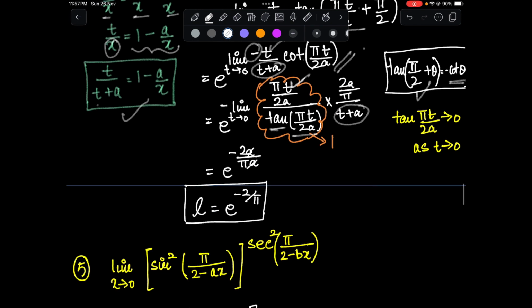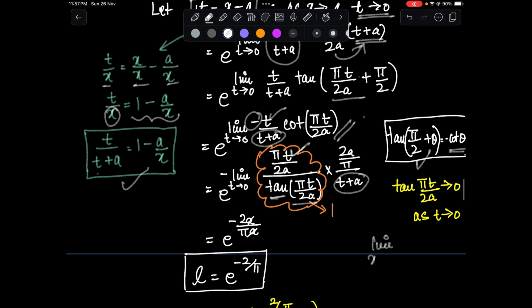Now if I have to apply this limit, limit x tends to 0 of tan x by x is equal to 1, I have to make sure that whenever the limit tends to 0, this function also goes to 0.